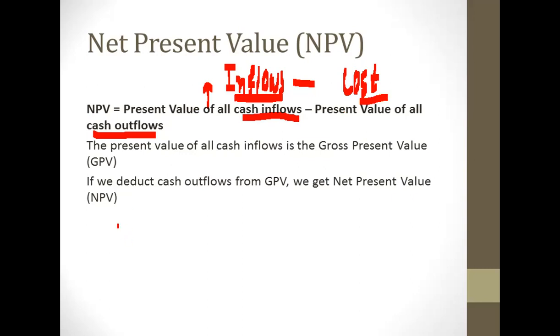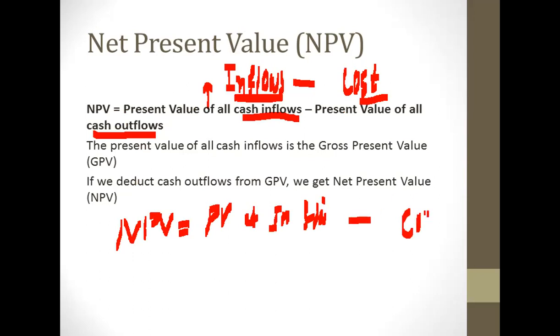So net present value simply means the present value of inflows, the benefits the company gets, minus the cost of the project. The present value of all cash inflows is the gross present value, not the net present value. That's the gross present value.